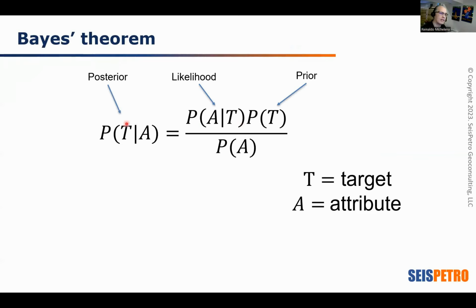It relates what is called the posterior probability of, let's say, the target for a given attribute with the parameter that is called the likelihood, which is the conventional probability of the attribute for a given target, and the prior of the target. What the Bayes theorem is doing is basically modifying whatever preconceived notion or belief you have in your prior and generating a posterior result that is the modification of that prior.